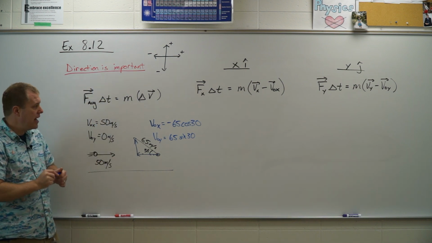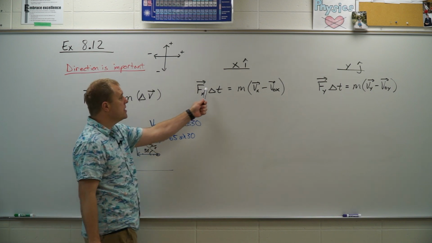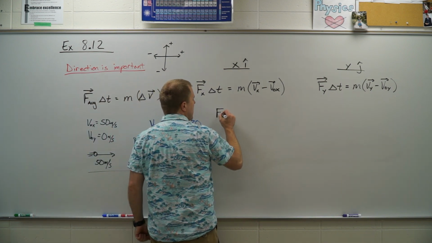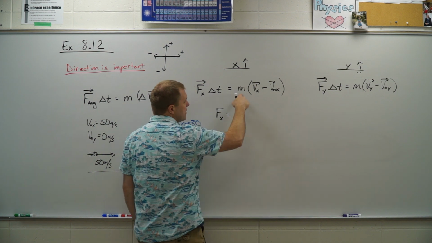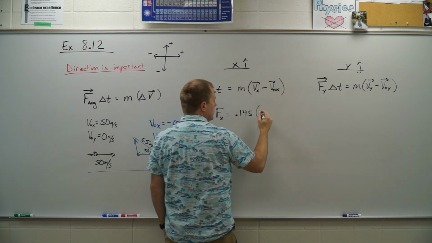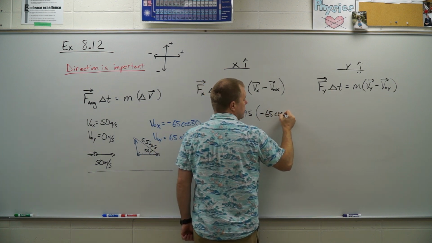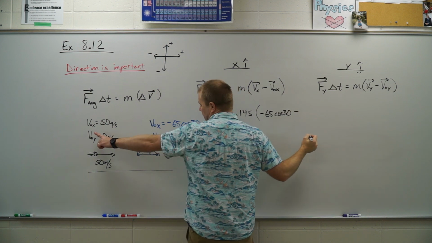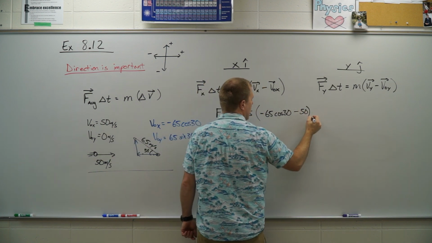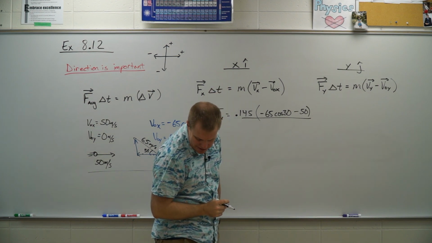All right, let's start plugging in and solving for that force. I just need to divide by delta t. So the x component of my force is the mass, 0.145, times the final, negative 65 cosine 30, minus my initial, which was 50, all divided by my time, 1.75 milliseconds.